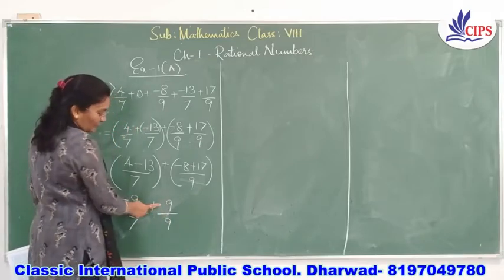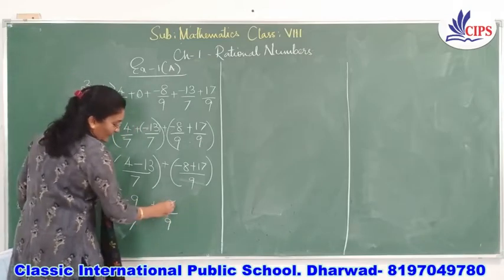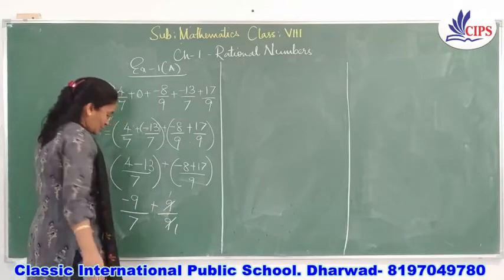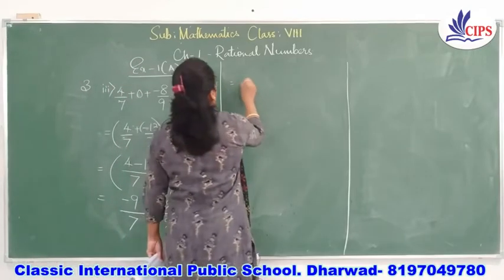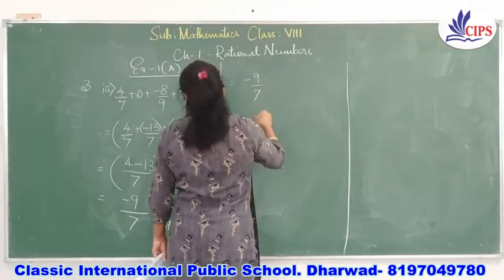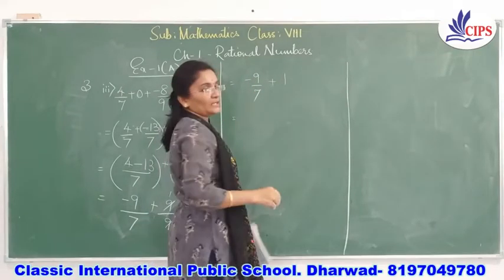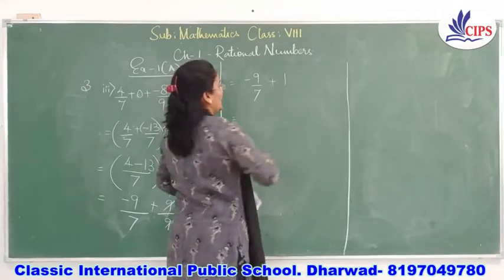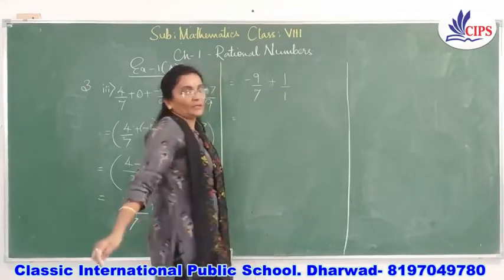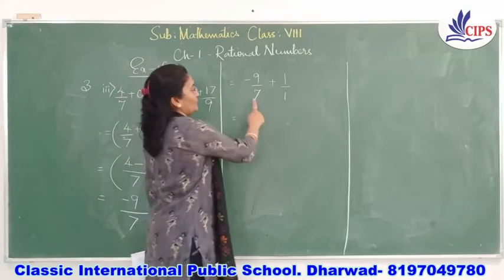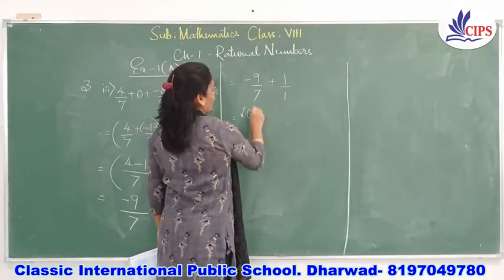So here what we can do, 9 by 9 we have. We can simplify it, 9 ones are 9. So you are left with minus 9 by 7 plus 1. As we don't have any denominator for 1, we'll take 1 as a denominator. And now, what's the LCM of 7 and 1?